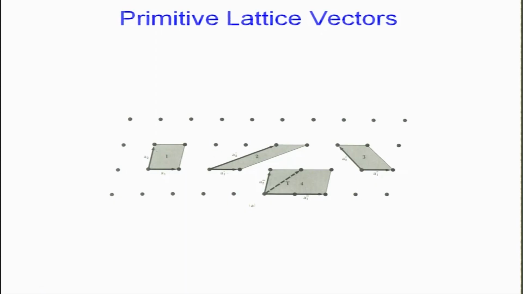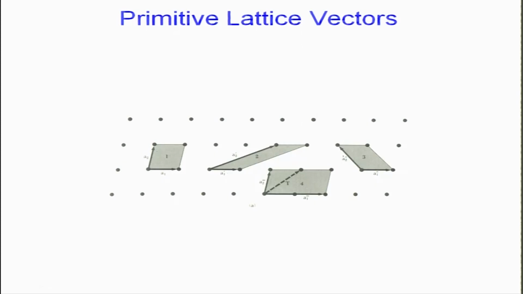The areas of these 2 cells are going to be equal to each other. In the third one you have A1 double prime and A2 double prime. So you can have multiple choices of primitive lattice vectors, it is not a fixed choice. As long as you are able to make a primitive unit cell out of those 2 vectors, or 3 vectors in 3D, it is perfectly legitimate.